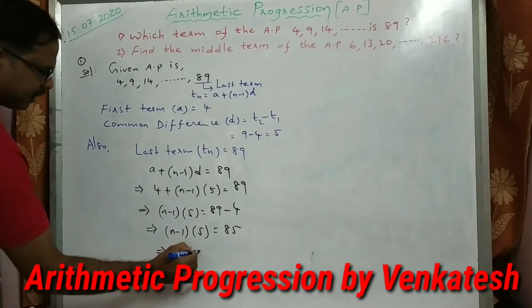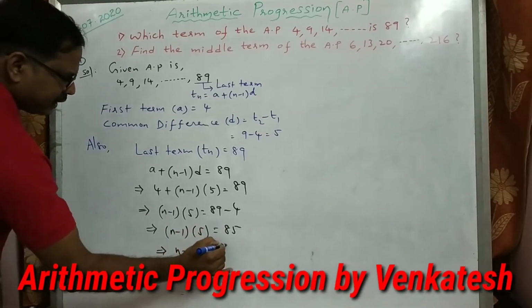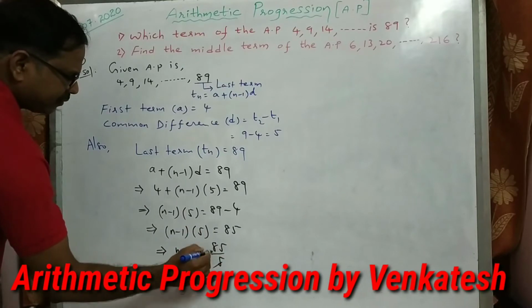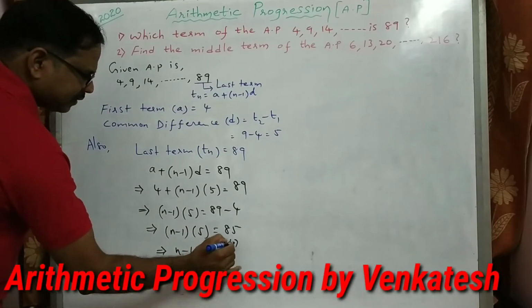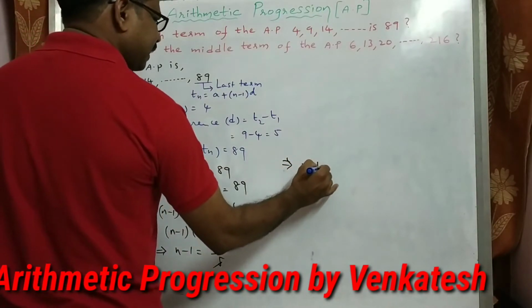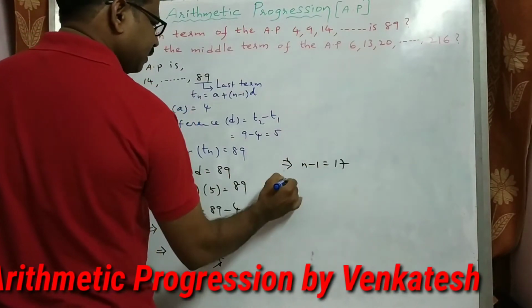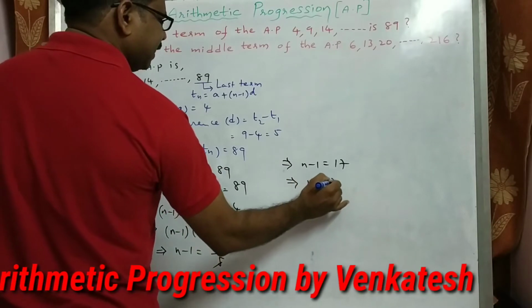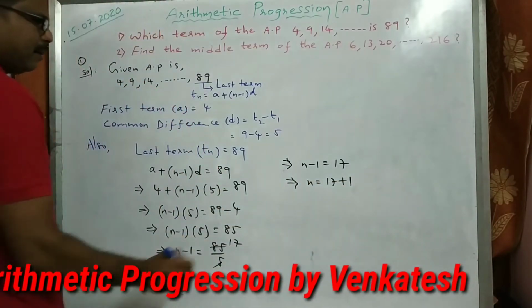So n minus 1 equal to 85 by 5. 5 ones are 5, 5 sevens are 35. So n minus 1 equal to 17. N equal to 17 plus 1.